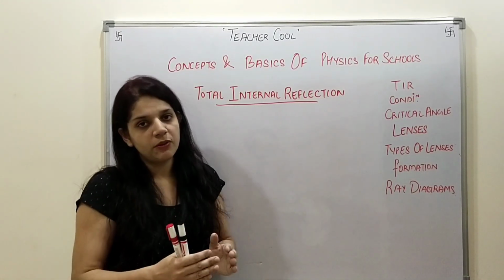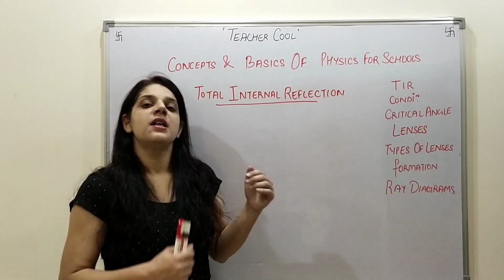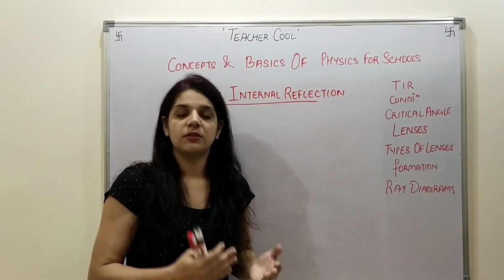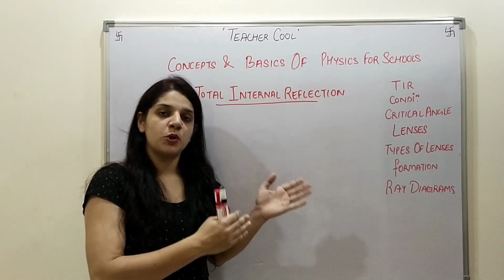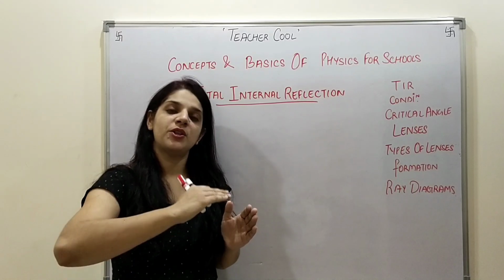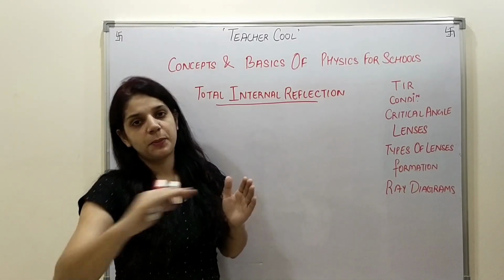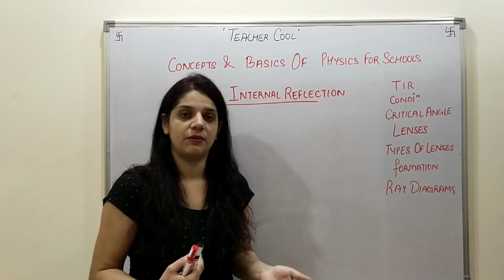So whenever the speed of light changes while crossing the interface of the two media, the light bends with some deviation, which we measure by producing the original incident ray and measuring the angle between the expected ray, which should have gone as it is, and the refracted ray.